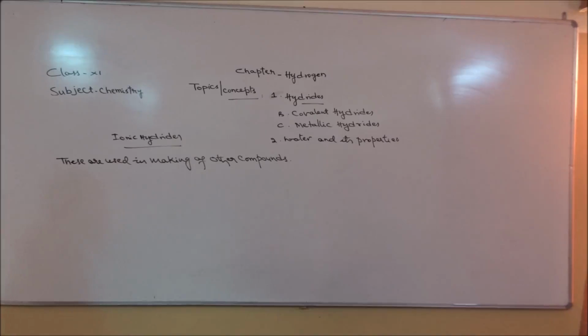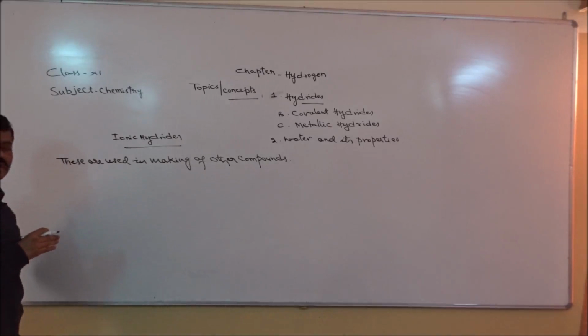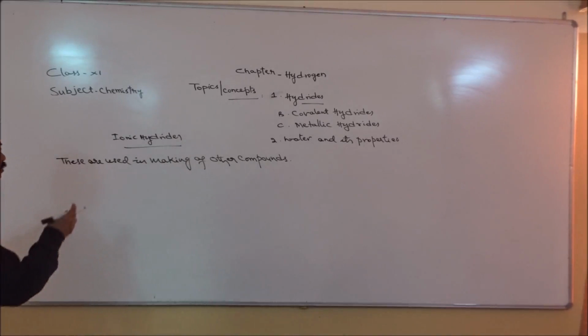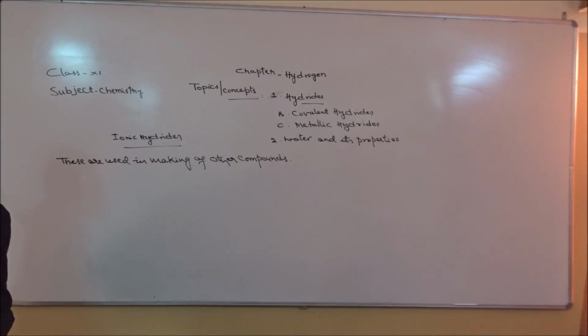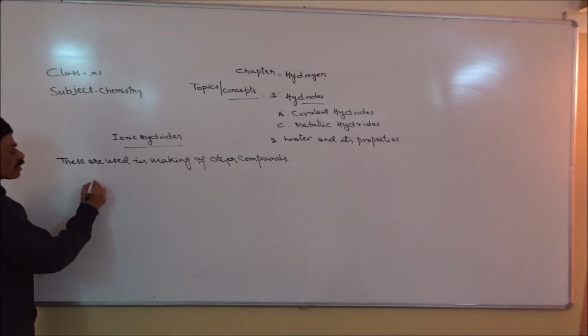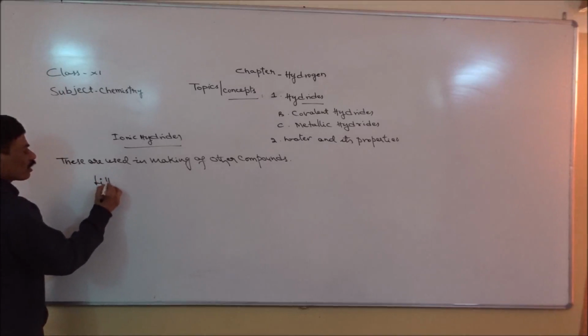Now let us see which hydrides are used in making the other compounds. Best example for the ionic hydride, that is one which is formed with S block element. Means when hydrogen reacts with S block elements, we will get hydride. Best example for that is lithium hydride.